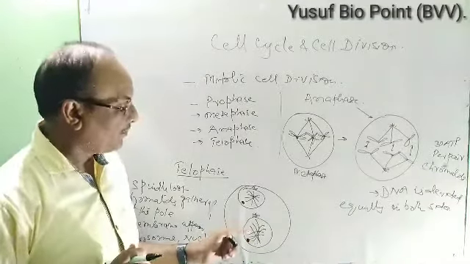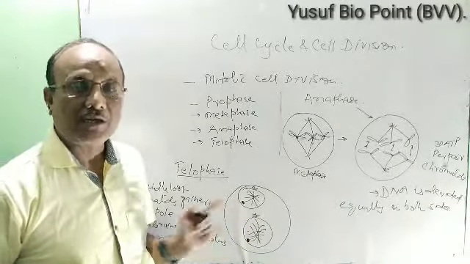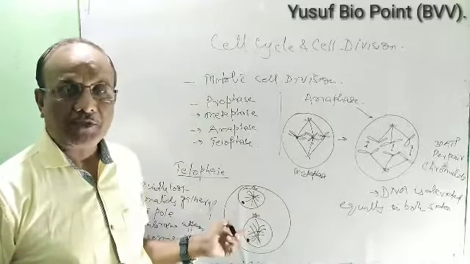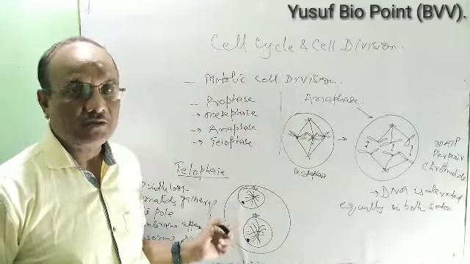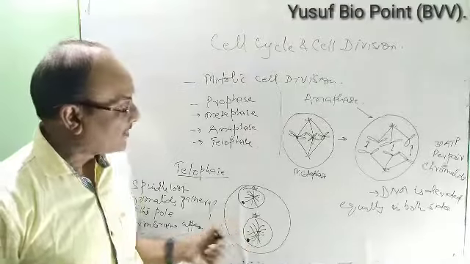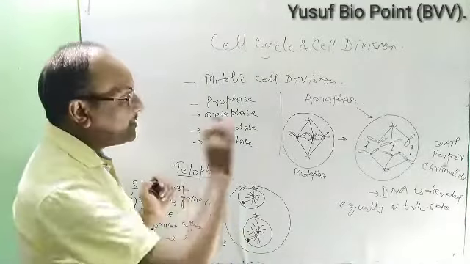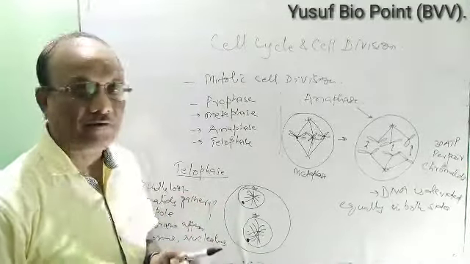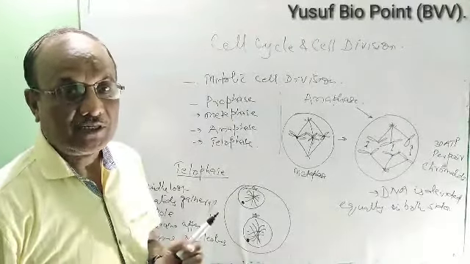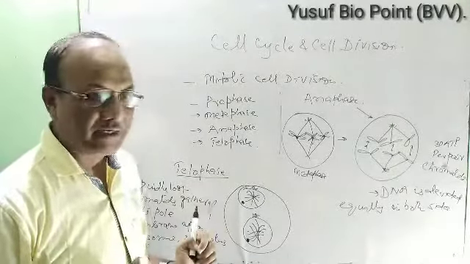So in this way one cell contains two nuclei, means a two-nuclei condition is formed. Understand? And so this stage is the completion of karyokinesis, means the division of the nucleus is completed.